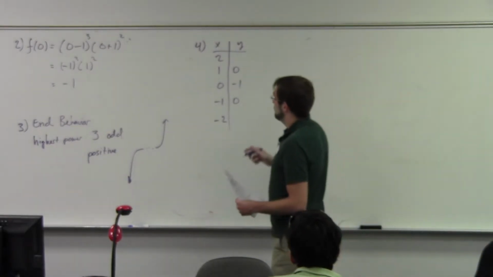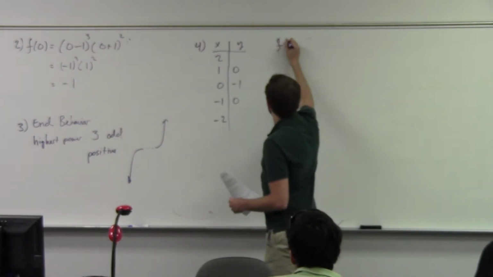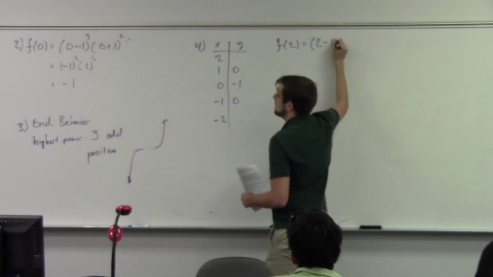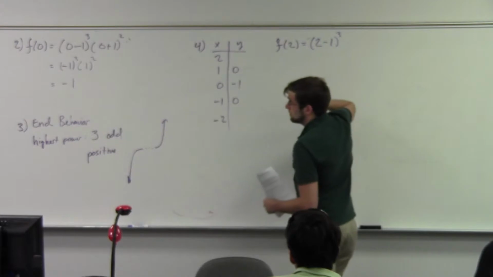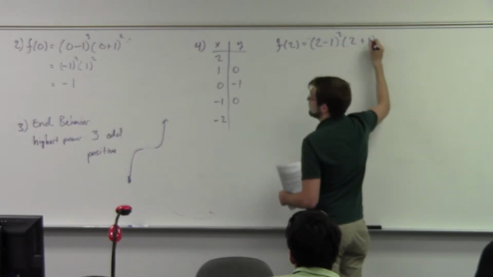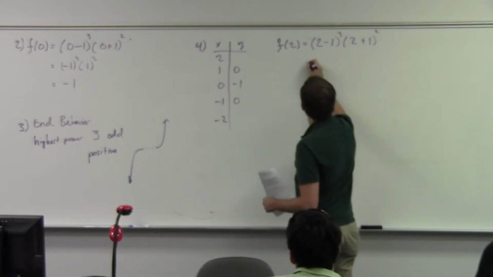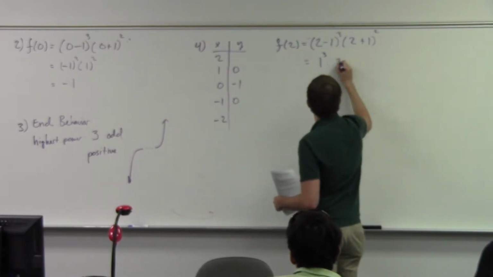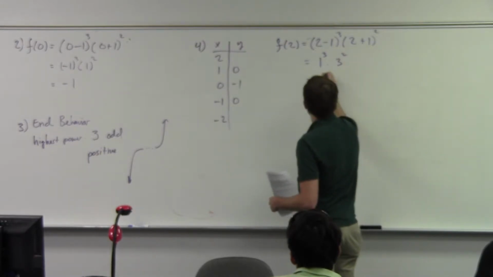All right, so I plug in 2 into my function, so negative 2 might be interesting. Well, this one will be okay. So 2 minus 1 is 1. 2 plus 1 is 3. So I see 9.